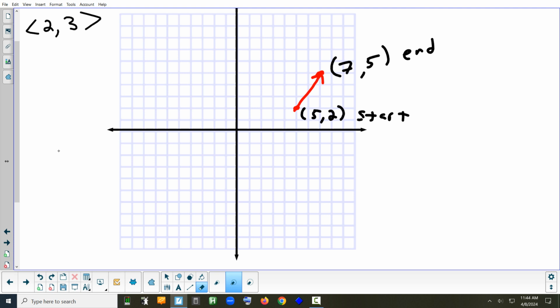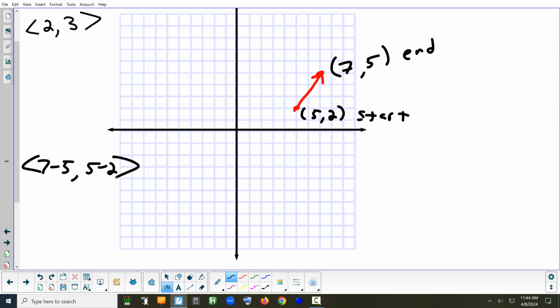Yeah? Subtract. So if you subtract the start, the end minus the start, 7 minus 5, do that for the x's, and then do the same thing for the y's, 5 minus 2.